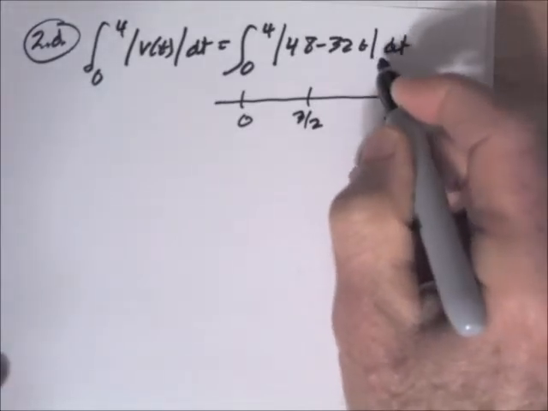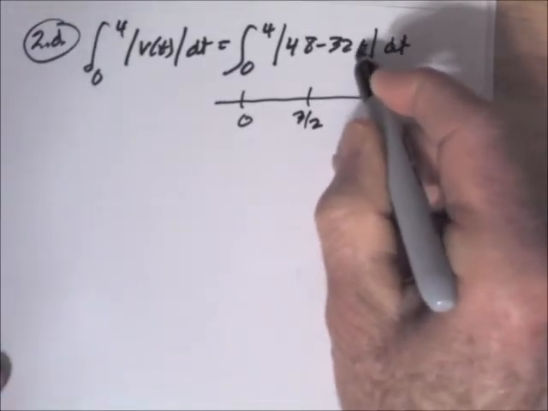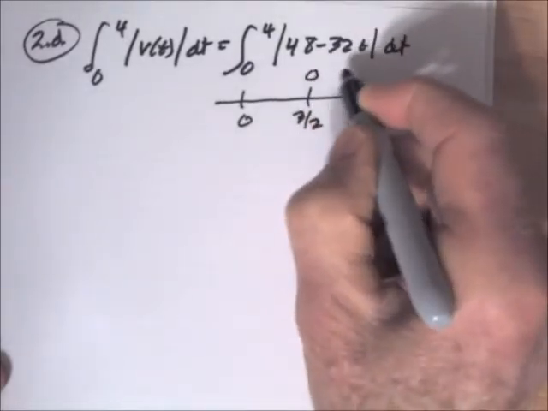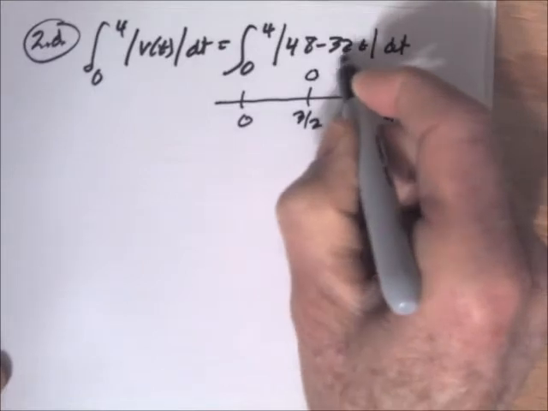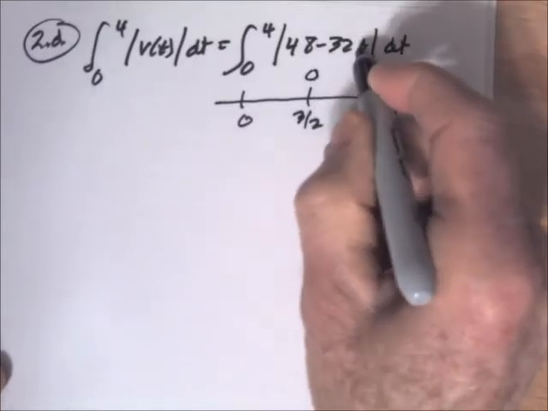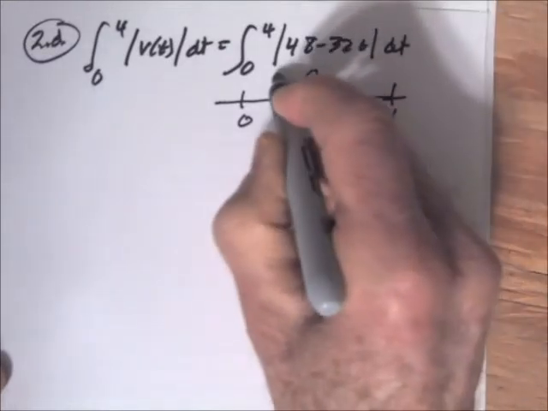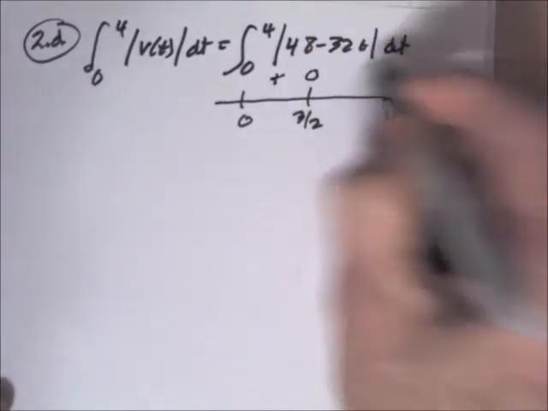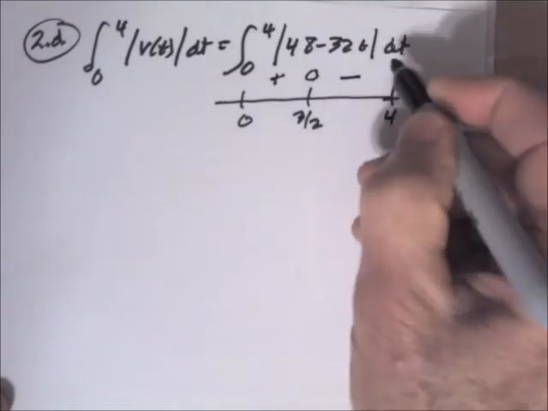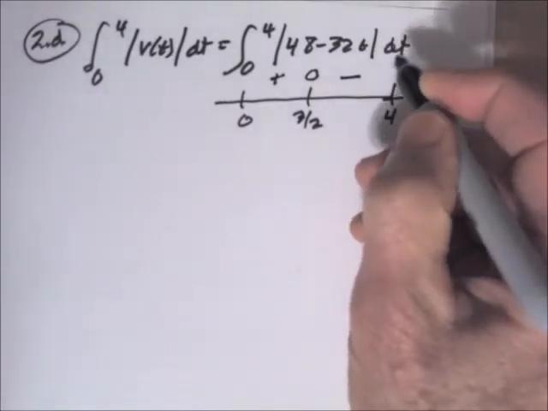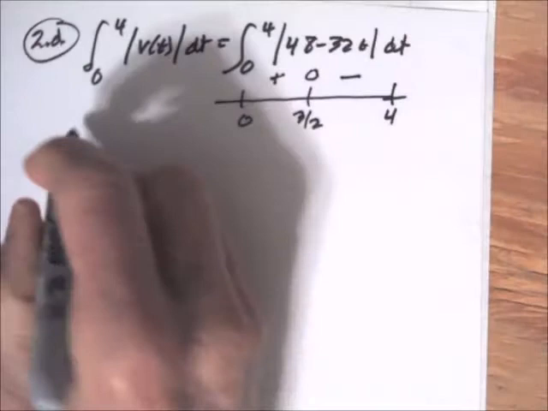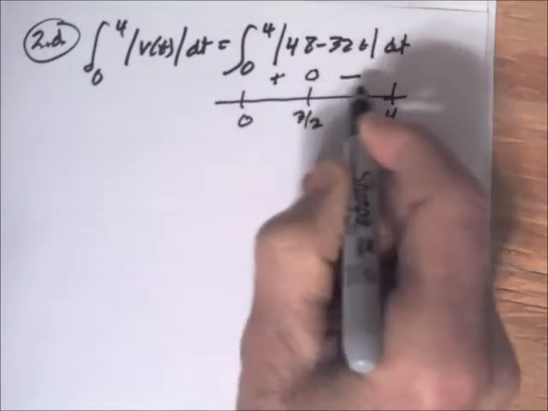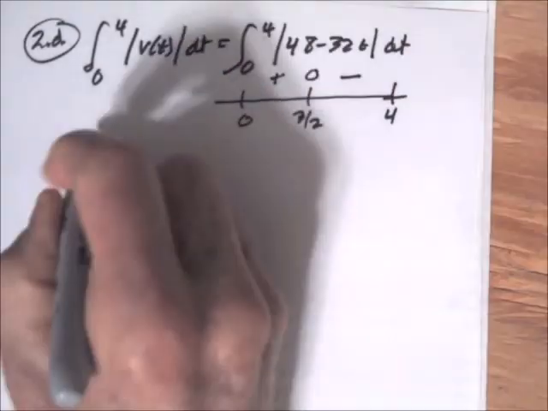Okay, so if t is 3 halves, this is going to be 0. If t is less than 3 halves, for example if t is 1, this will be positive. If t is more than 3 halves, for example if t is 2, this will be negative. So the absolute value is going to be the same sign between 0 and 3 halves, but it will be the opposite sign between 3 halves and 4.